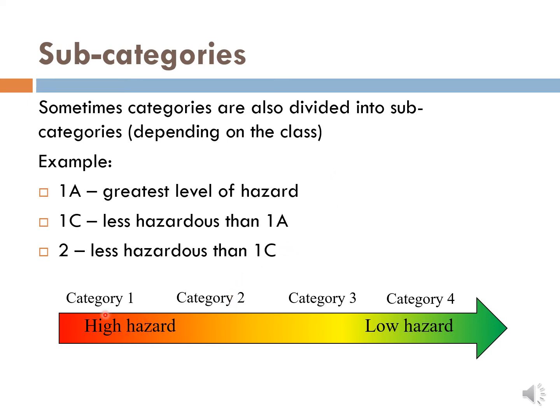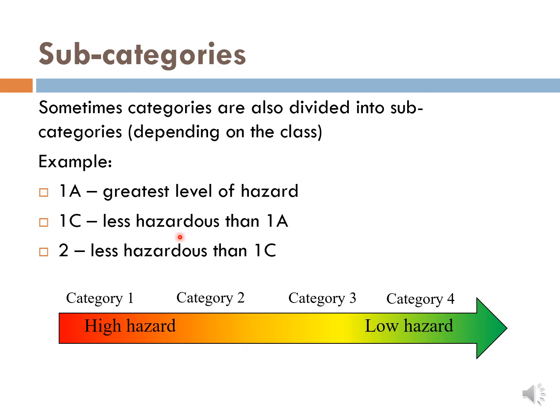Sometimes these categories are also divided into subcategories. For instance, between category 1 and category 2, there are also subdivisions in between these two. For instance, you can see category 1A, 1C. Here 1A is the highest level compared to 1C.